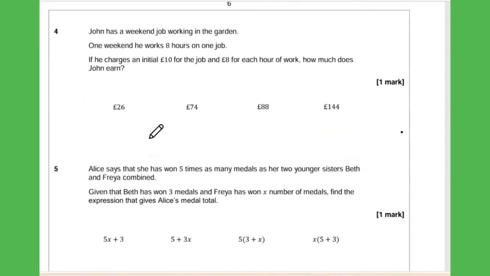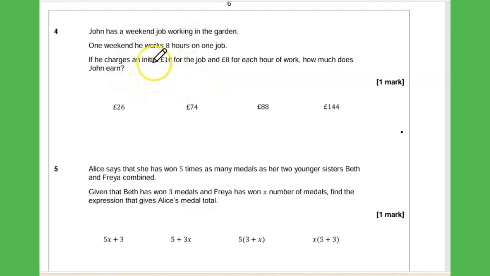Now we're going to have here, John has a weekend job working in the garden. One week he works 8 hours on one job. If he charges an initial £10 for the job and £8 for each hour of work, how much does John earn for this particular weekend?